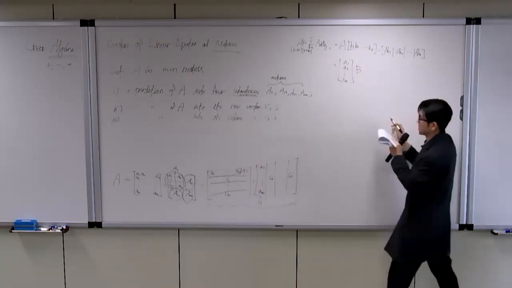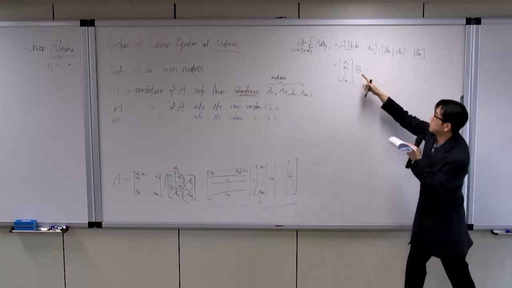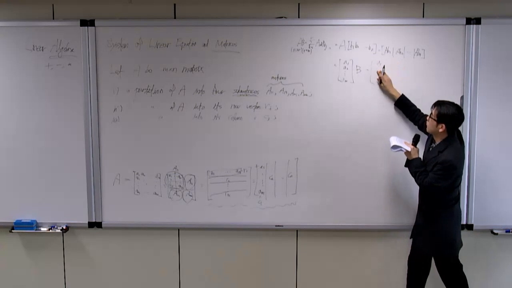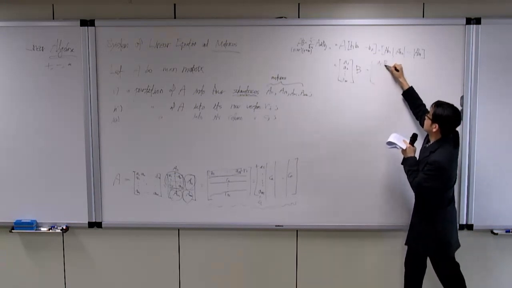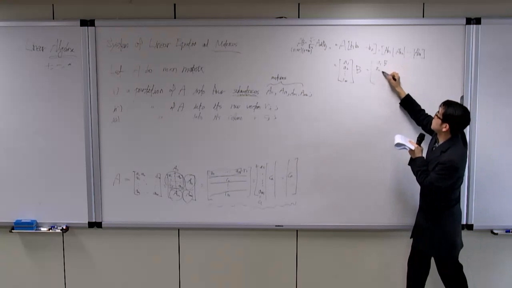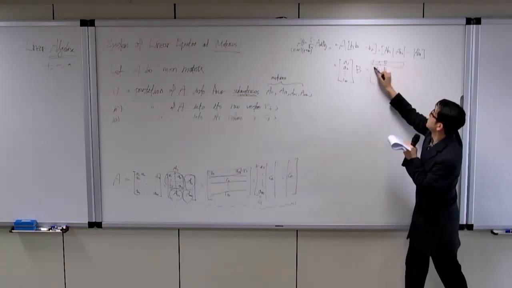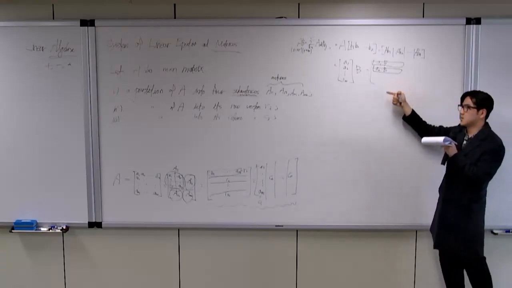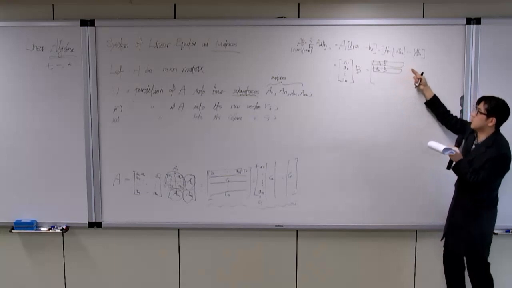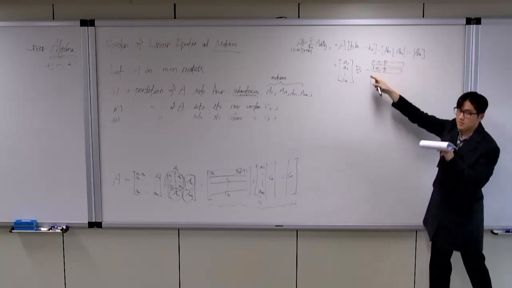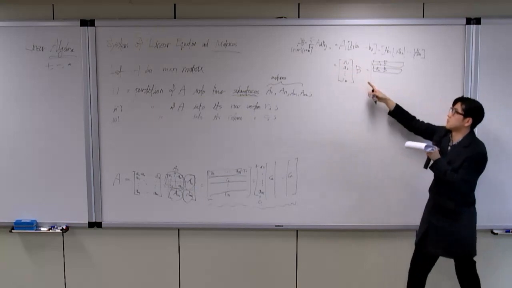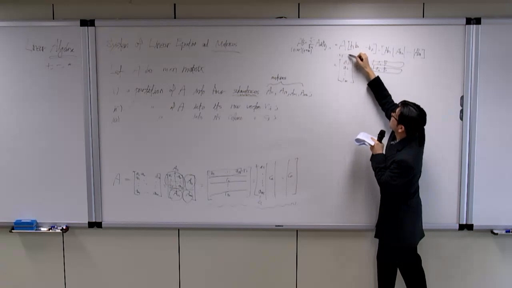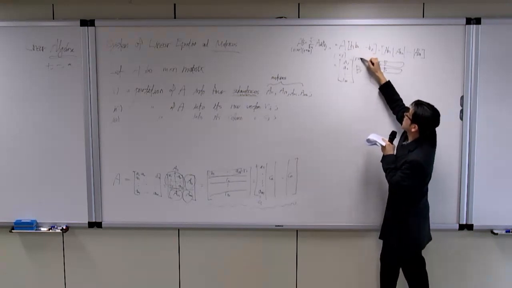Then it can be like this, and we calculate A1's row multiplied by B, A2's row multiplied by B. Its result will be a row vector, because the row vector times B is a 1 by r matrix times an r by m matrix.